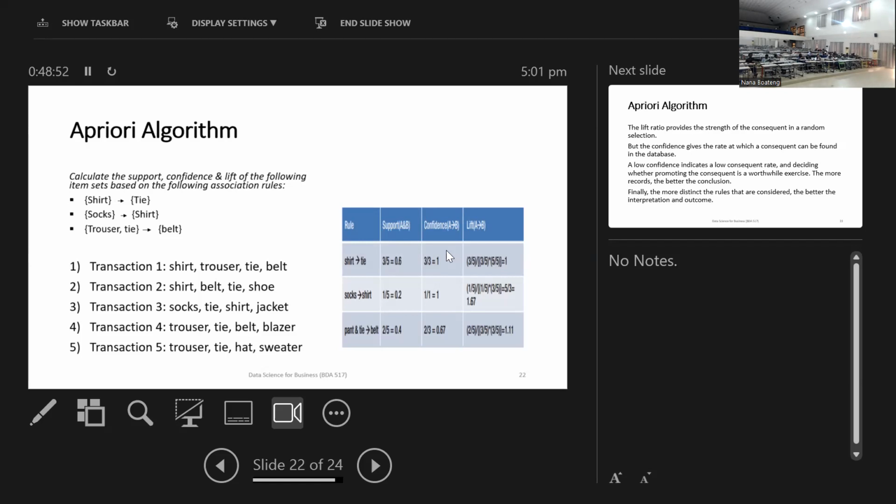But the issue is that if the data, how would you say? So you see that the support is also important. So it depends on the way you argue. But the main thing is that the lift needs to be more than 1.